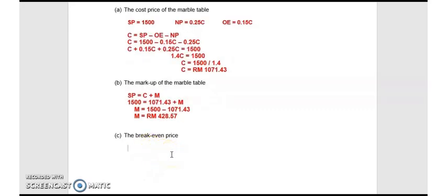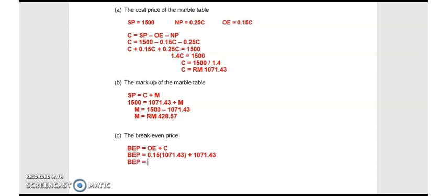Okay, last question, the break-even price. Remember, break-even price is the minimum price that we can sell to a customer to avoid any loss. So break-even price equal to OE plus cost. OE is 0.15 C. So what is C? 1071.43 plus cost 1071.43.